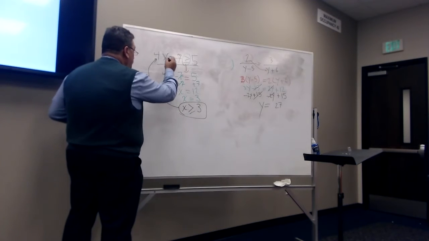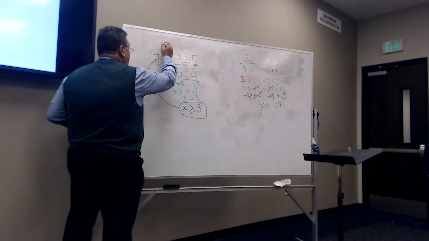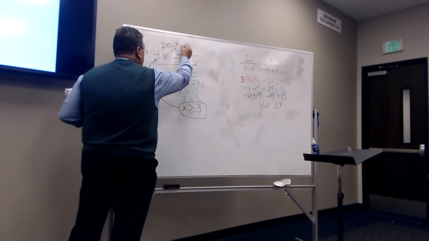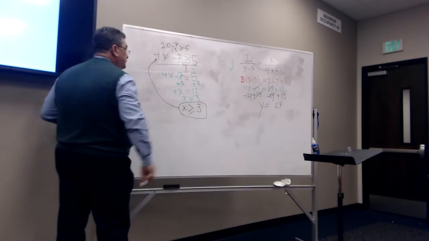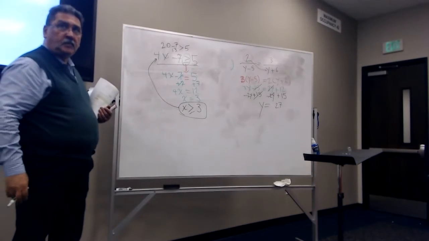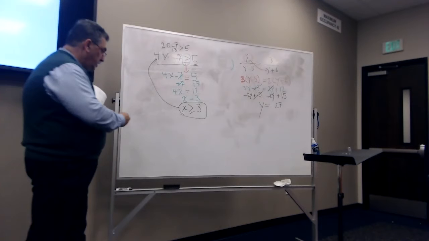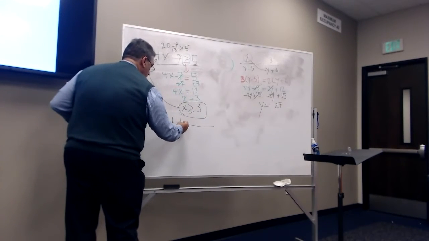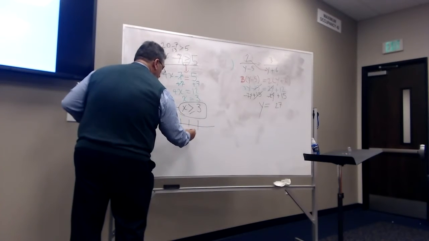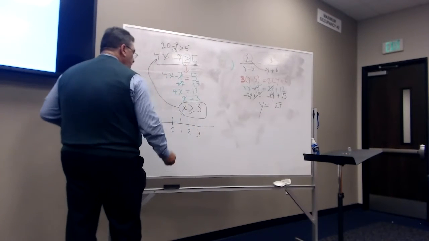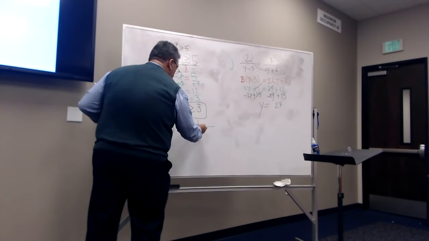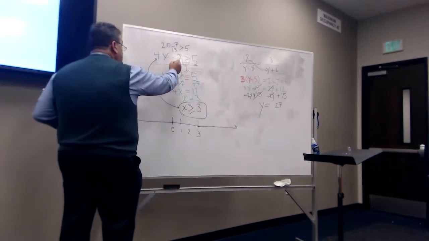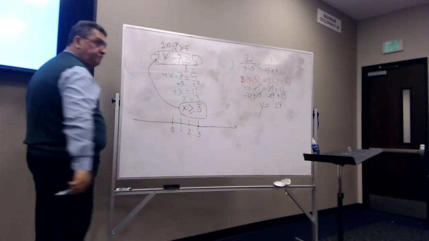If you pick 5, you put 5 here. 4 times 5, 20. Minus 7 is 13. 13 is greater than 5. Any number on the number line, 0, 1, 2, 3, for any number which is greater than or equal to 3, all the way to infinity, this inequality holds.